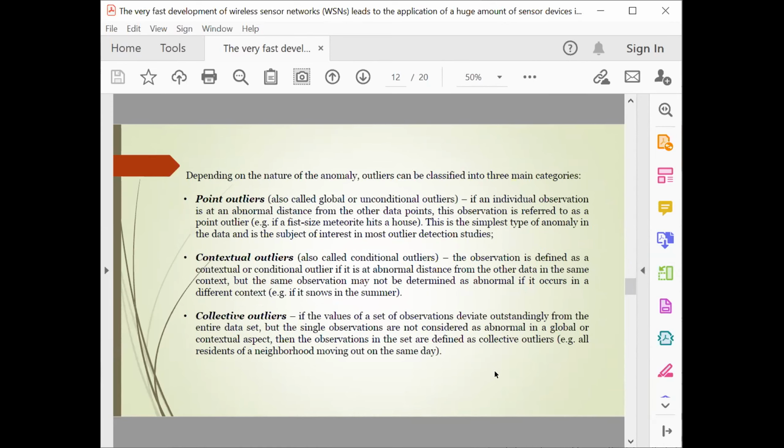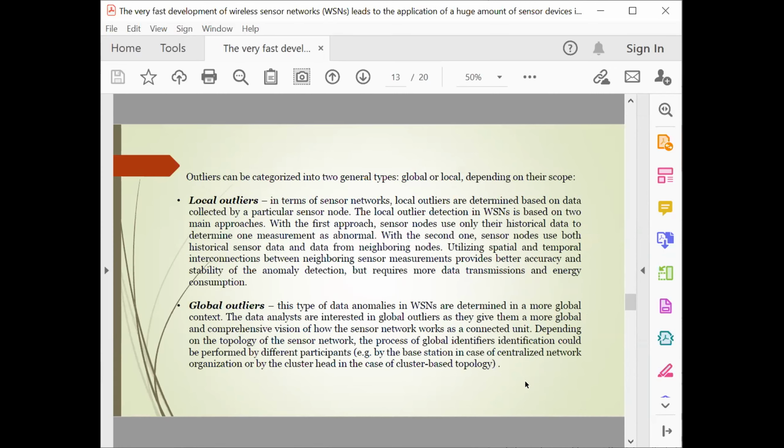Depending on the nature of the anomaly, outliers can be classified into three main categories: point outlier, contextual outlier, and collective outliers. Outliers can be categorized also into two general types: global or local, depending on their scope.